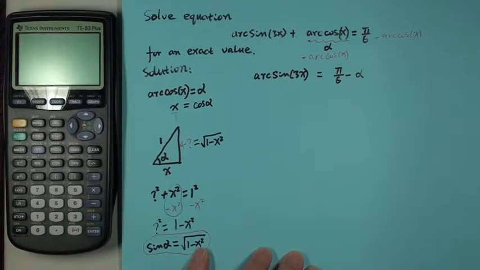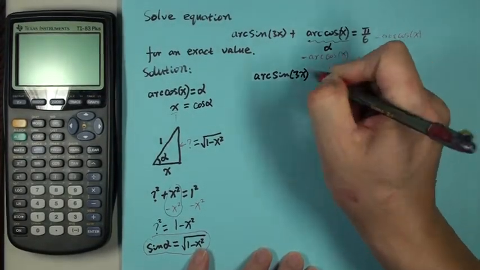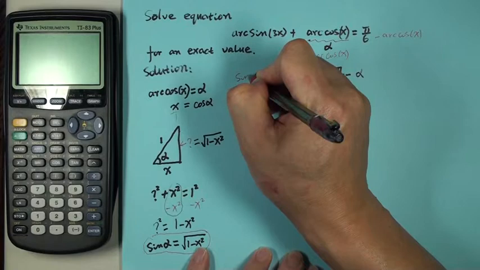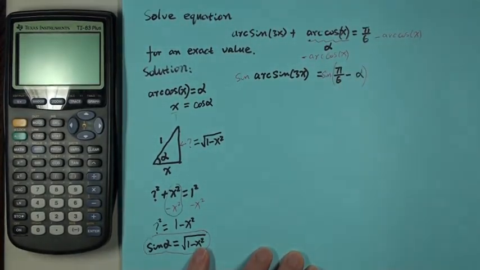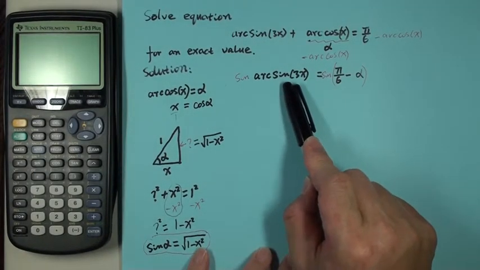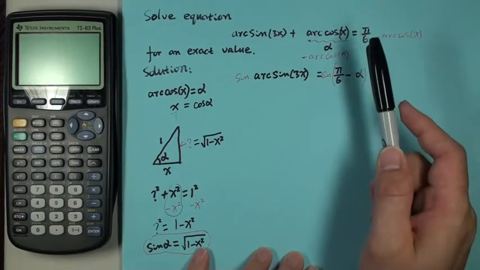All right, now here is the technique. I choose sine on both sides. And then I'll have sine arcsine, so it's like they cancel.